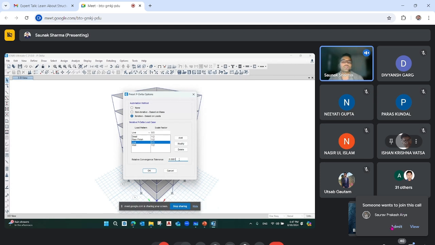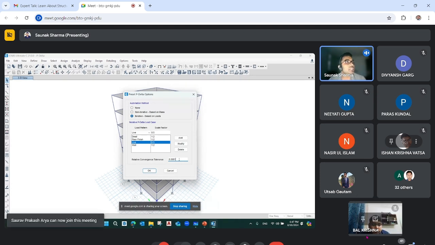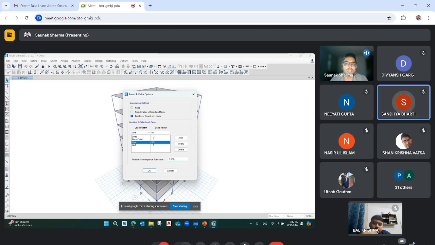But sometimes, if the building is too complicated and too huge and we provide a higher convergence tolerance, ETABS cannot converge the model. So sometimes we have to reduce this convergence tolerance also. We need to understand that we sometimes need to do that trick.